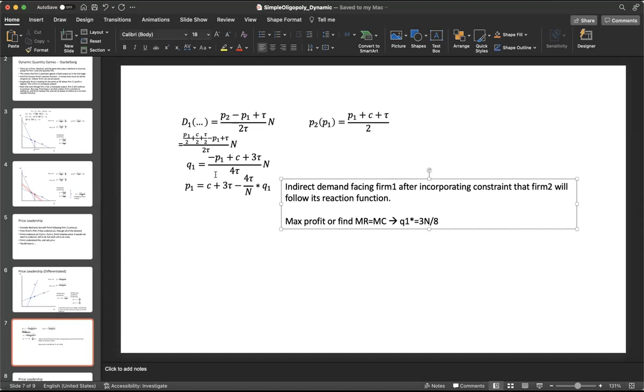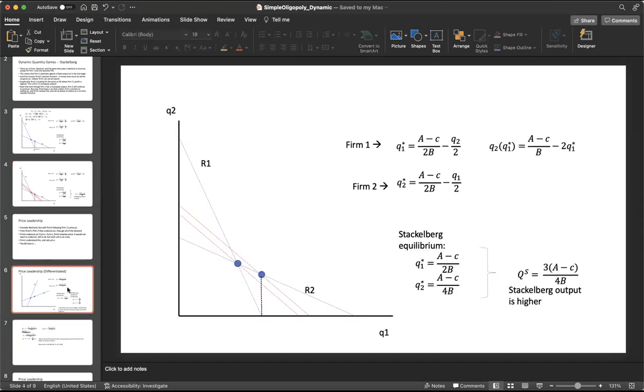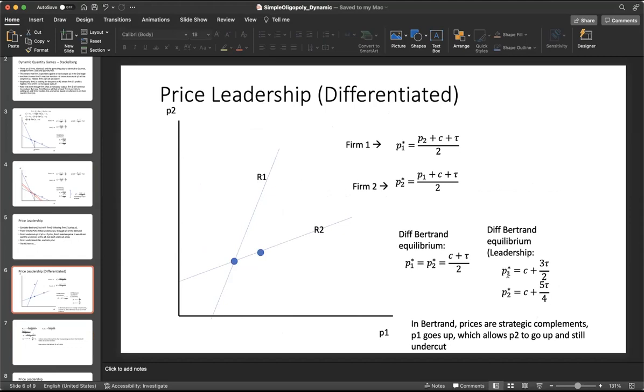Exactly. You use the indirect demand function and you just plug in Q1 here, which is 3n over 8. And then you will get this price. You can solve it and then you can get this price.